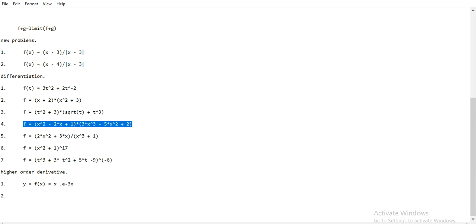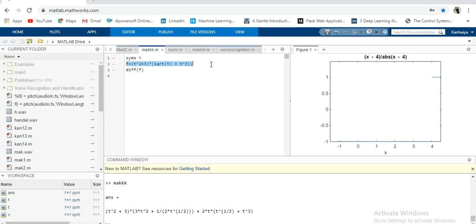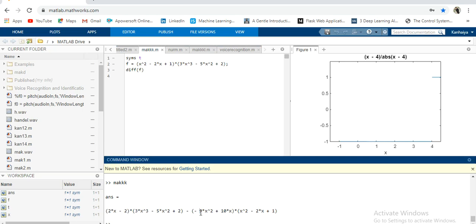Okay, now let's try this. We have to specify x. 2x minus 2.